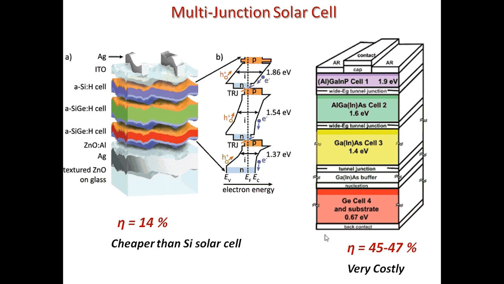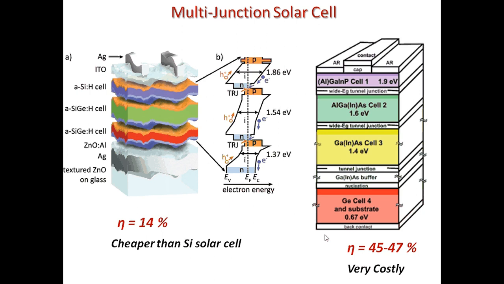a large number of photons will be absorbed for sure, so it will produce a large photocurrent. So the current induced in that low band gap solar cell is quite high, but the problem is the voltage.